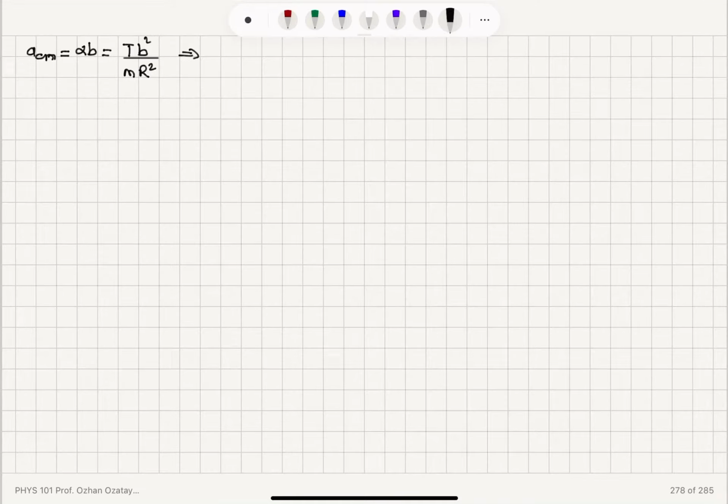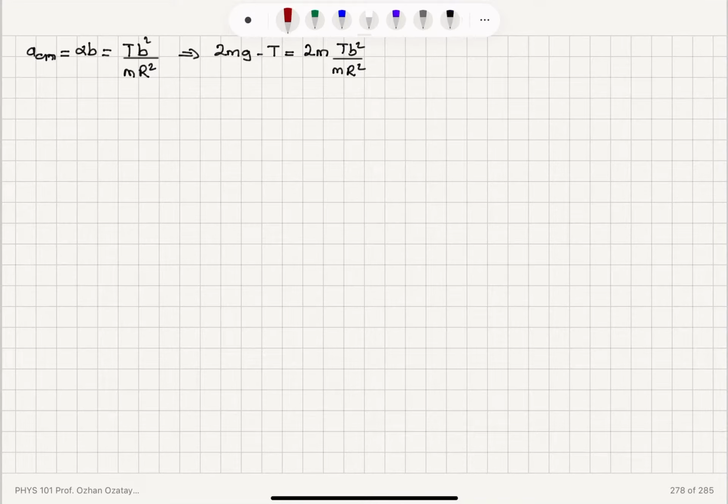Now we have Newton's second law on the y-axis, 2mg minus T is equal to 2m times the acceleration of the center of mass, which is 2m times Tb squared divided by m capital R squared.